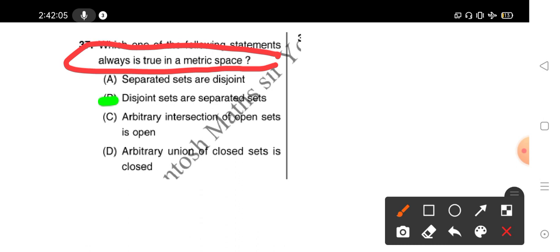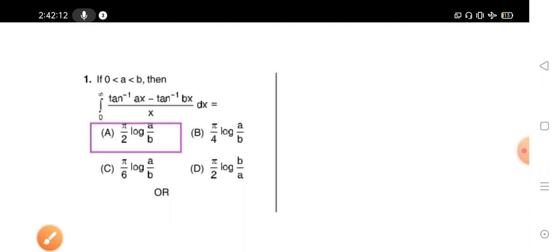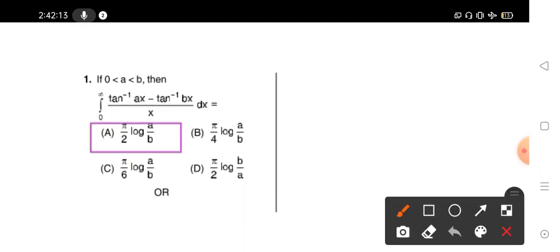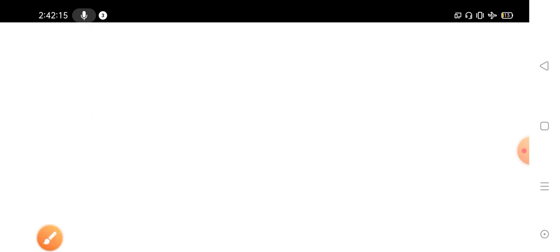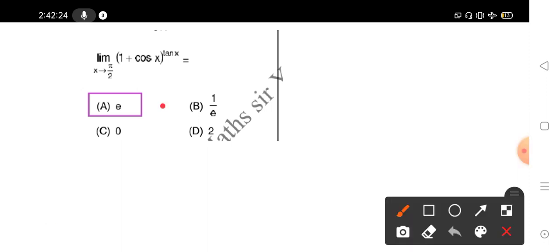Disjoint sets are separated sets. Next question. If 0 is less than A is less than B, option A is correct. Next question. Limit x tending to plus or minus pi by 2 of 1 plus cos x raised to 10x, option A is correct.